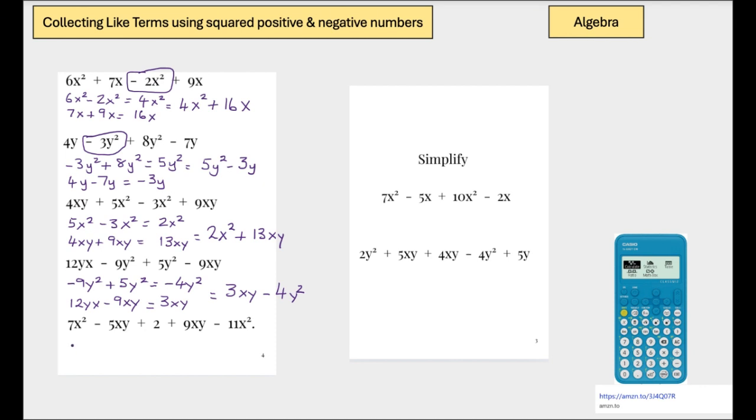So we're going to do what we got. We've got 7x squared minus 11x squared. That's the only ones, I think. Yeah. Which gives us 7, 8, 9, 10, 11, which is minus 4x squared. Okay, we sorted those out.